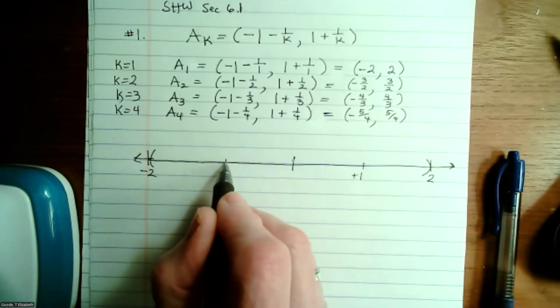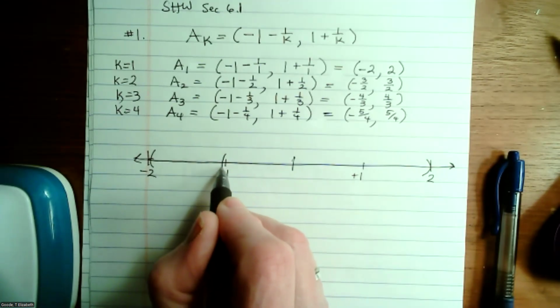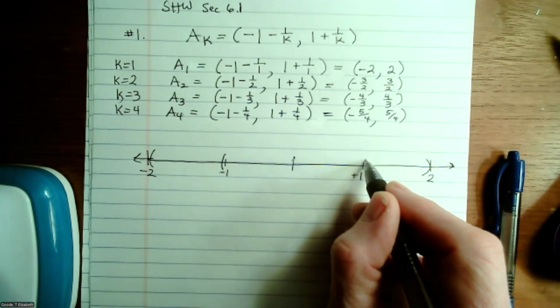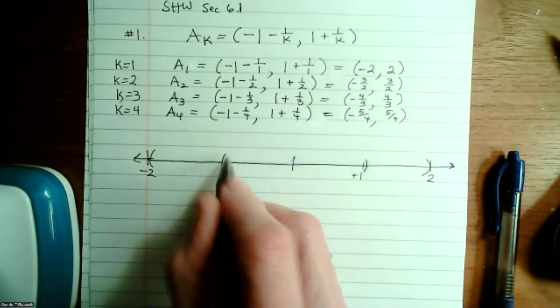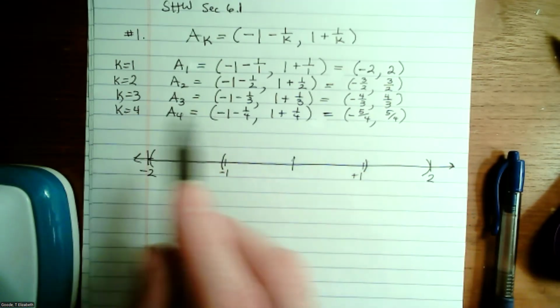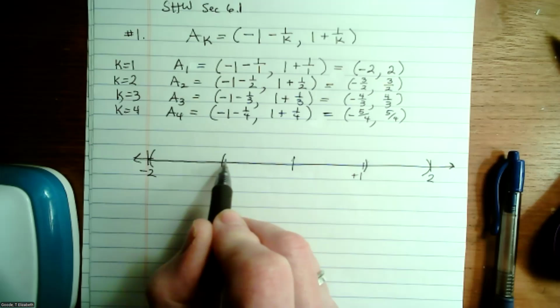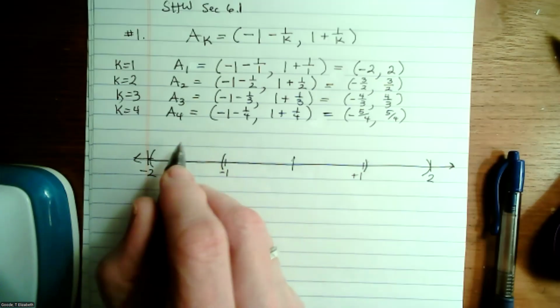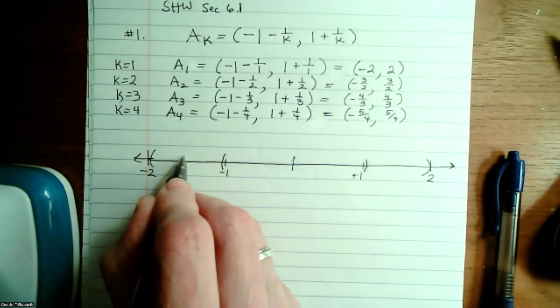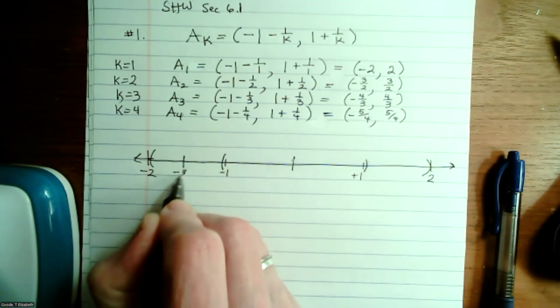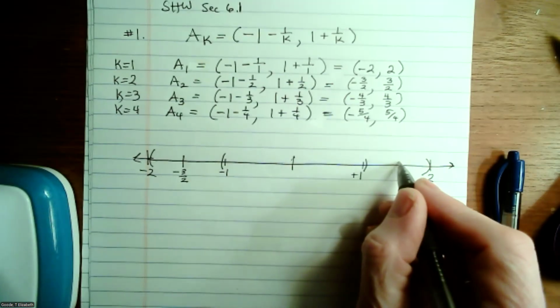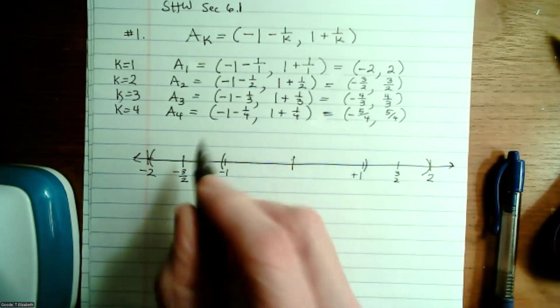We're never actually going to get inside -1. It's always going to be -1 minus a little more, and 1 plus a little more. No matter how big K gets, it's going to get really close to being -1. But right here, -3/2 is here, and 3/2 is here, right?